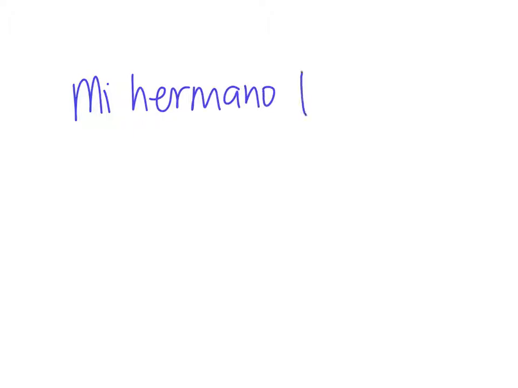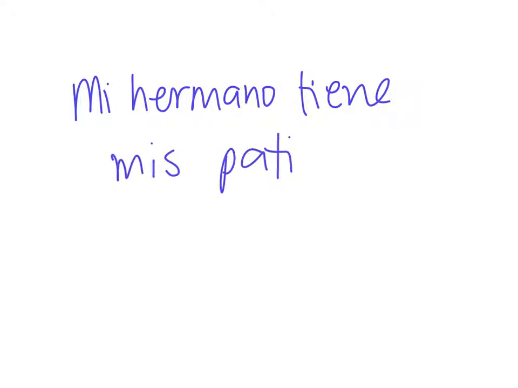So if I said, mi hermano tiene mis patines, which translates as, my brother has my skates, all right? My subject is my brother. Tiene is my verb, and patines is my direct object.